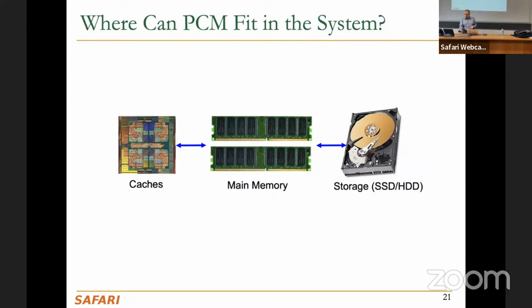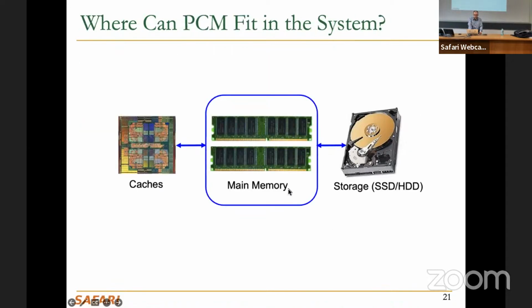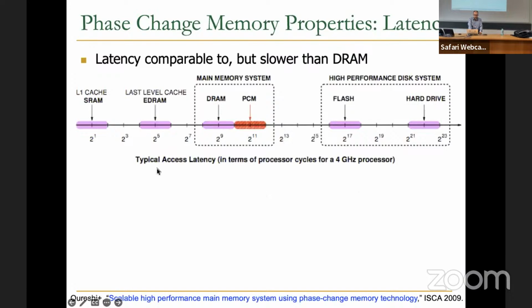Okay, let me discuss the next few slides, and then we can take a break. So where can PCM fit in the system? We have main memory, caches, and storage. We wanted to consider PCM as a main memory. If you look at this plot, the x-axis is the typical access latency in terms of processor cycles for a 4 gigahertz processor.